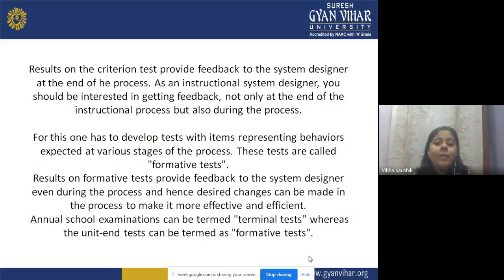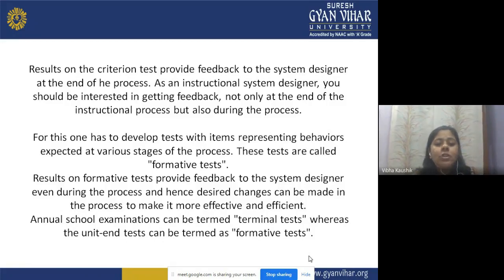At the end, it can be your end semester exam. But also during the process, I can take some weekly tests, I can give you some assignments, and on the basis of your performance on the assignments and weekly tests, I will be able to get some feedback.